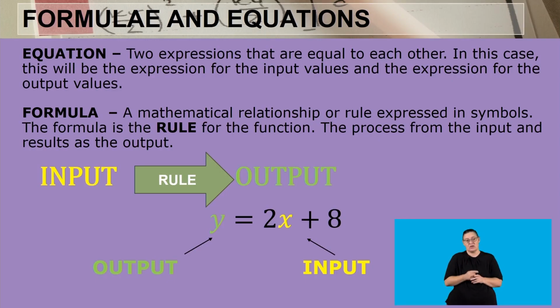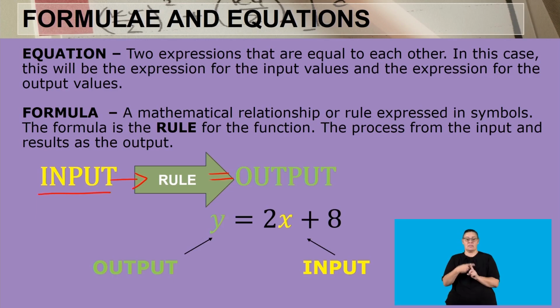The process from the input results as the output. So that would be the formula. Now, as shown here, we have an input that goes into our rule, and that in turn will produce our output. So having our equation again, y is equal to 2x plus 8.